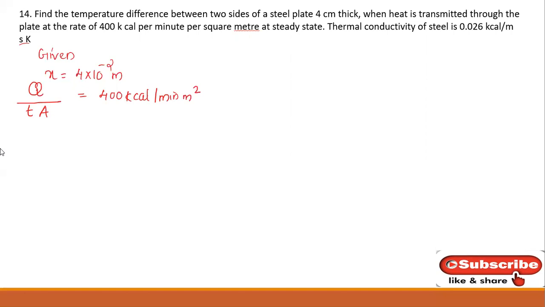Now, this is in minute. To convert it into seconds, dividing by 60, we will get 400 upon 60 kilocalorie per second meter square. Now, thermal conductivity is given, that is K is equal to 0.026 kilocalorie per minute.